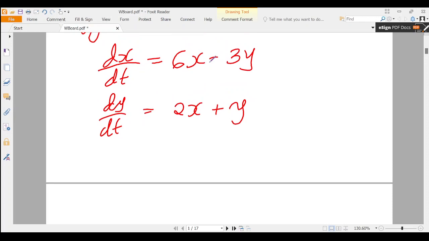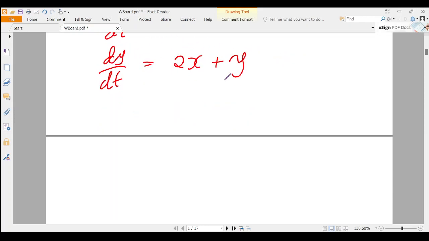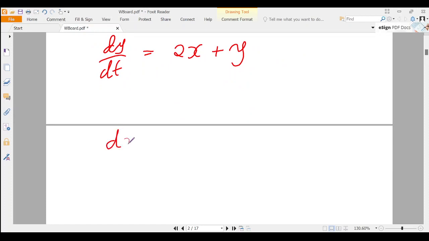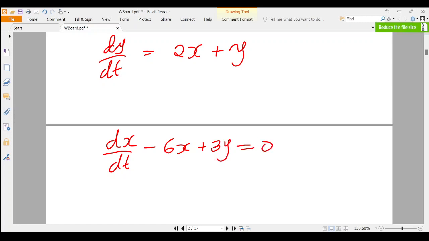So we see that in the first equation, if we move the two terms 6x and minus 3y to the left-hand side, then we can write the equation as dx by dt minus 6x plus 3y is equal to 0. The second equation, we write dy by dt minus 2x minus y is equal to 0.